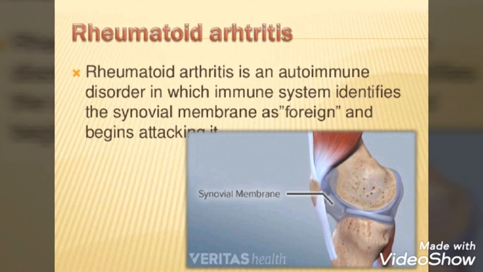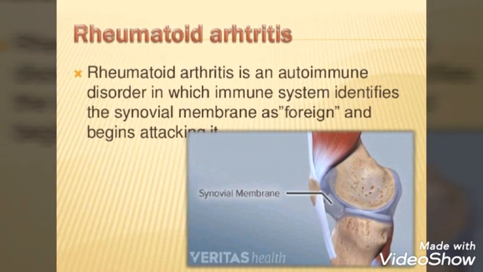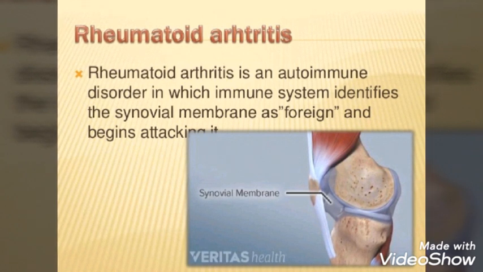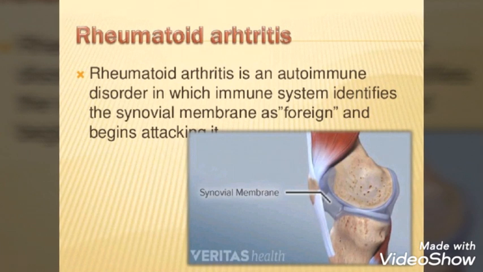That is, the body itself is producing this disorder. And in this, what happens? The body identifies the synovial membrane. The synovial membrane is present between the joints, and the body identifies it as a foreign material. That means it identifies it as a substance outside the body, and so it begins attacking it.